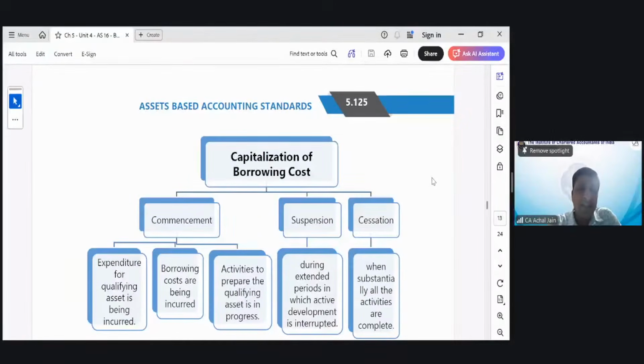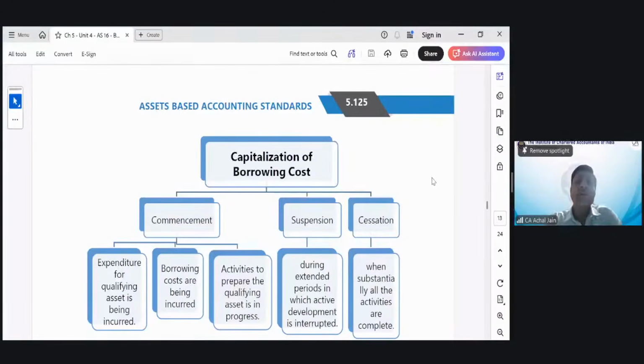So Anil says either we capitalize or transfer to P&L. No, it's not about either. It will always go to P&L except in one case. And what is that? In relation to a qualifying asset, not otherwise. Okay. Because otherwise it will always go to P&L except for qualifying asset, right?